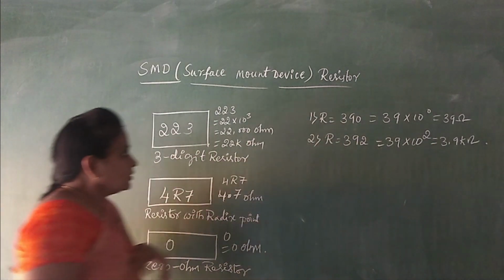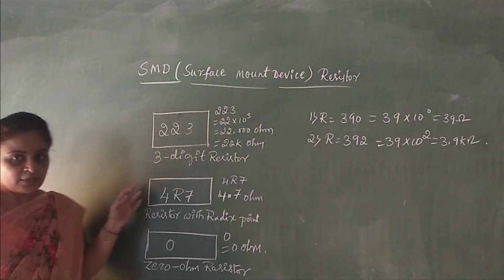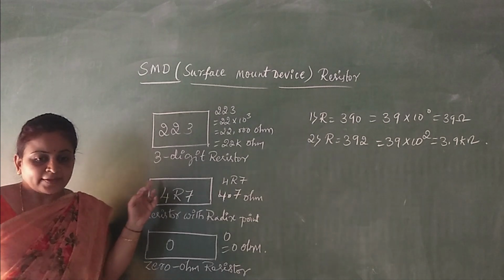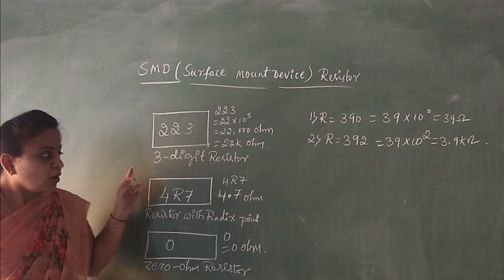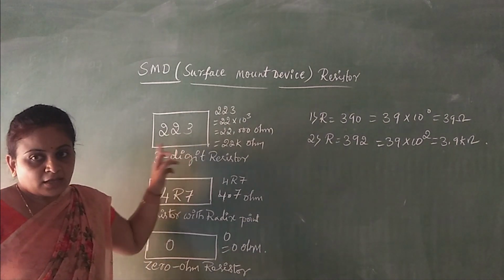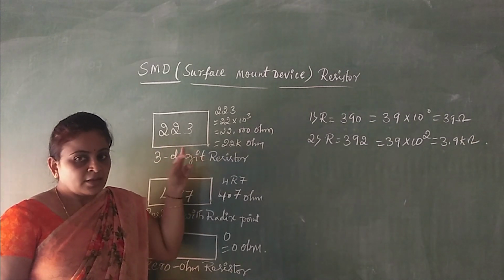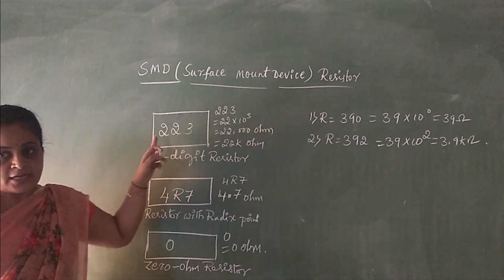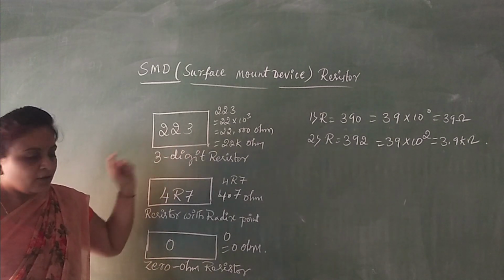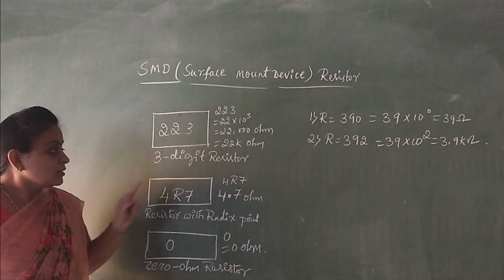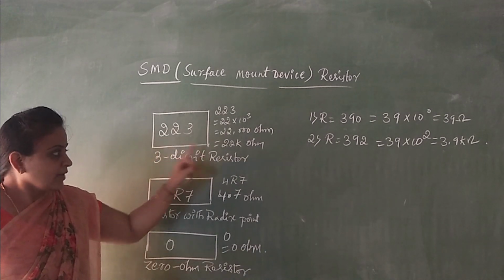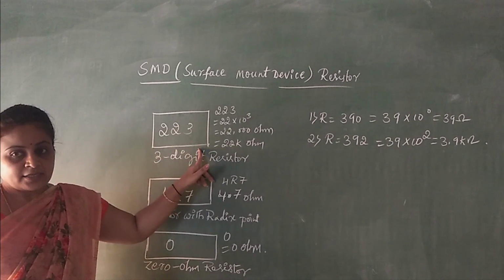So a surface mount device is a very small rectangular shape. It has a ceramic body. On this ceramic body, metal oxide is placed. The metal oxide thickness and width give the value of the resistance. Next, it has leads for the external connections.